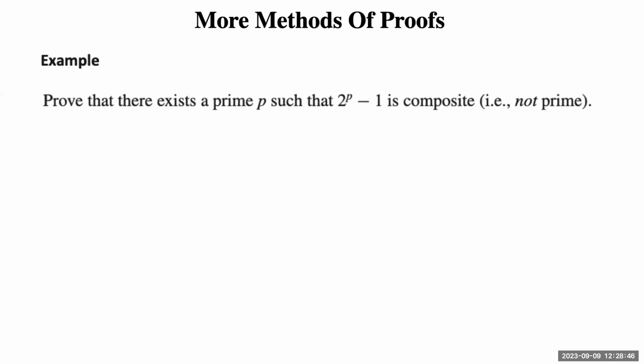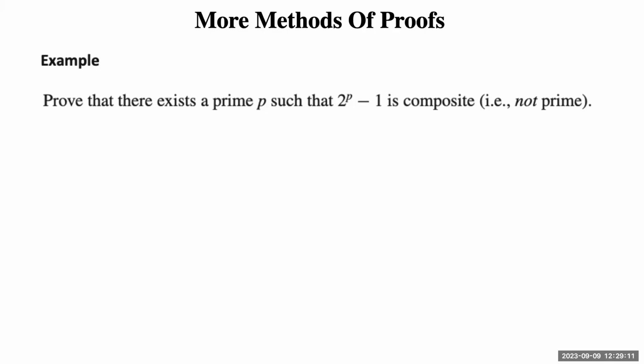Here's another example. Prove that there exists a prime P such that 2 to the P minus 1 is composite, meaning not prime. Okay, so remember, a prime number is a number that's divisible by itself and 1 only. So for example, 3 is prime, because you can only divide 1 into 3 and 3 into 3.